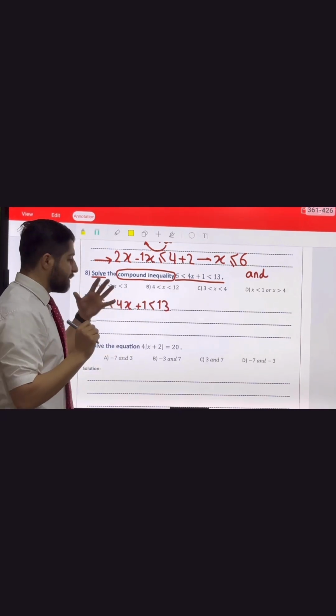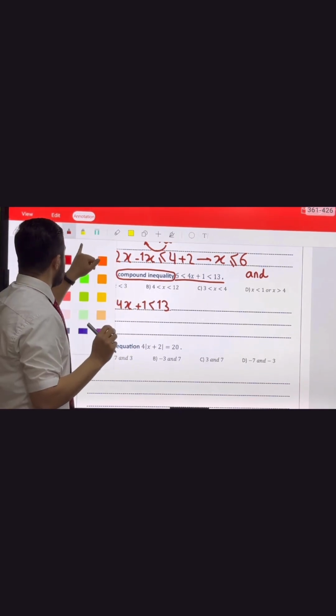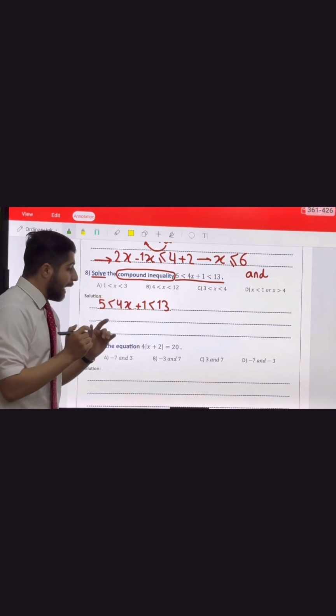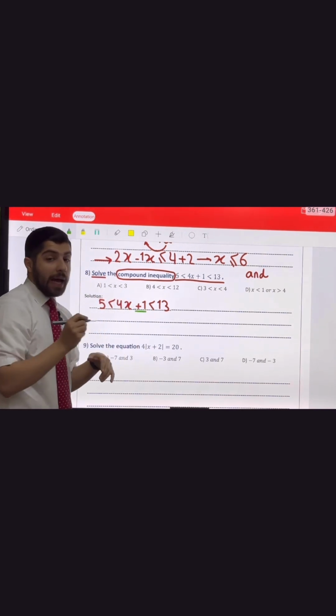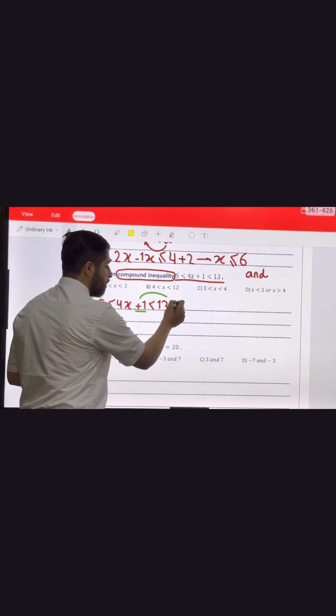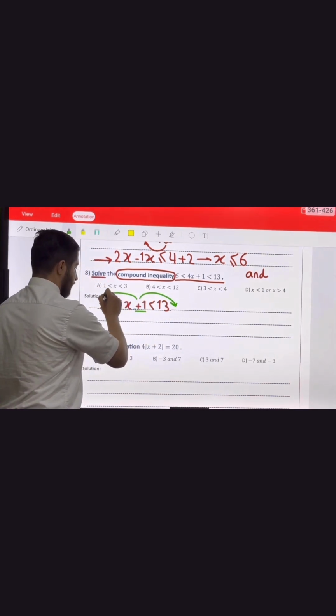After that, step by step. First, you have to remove the number inside. I have to take the 1 away. How do I do that? I have to subtract it from all sides, just like that, okay?